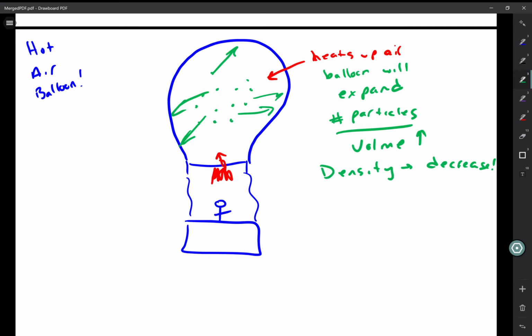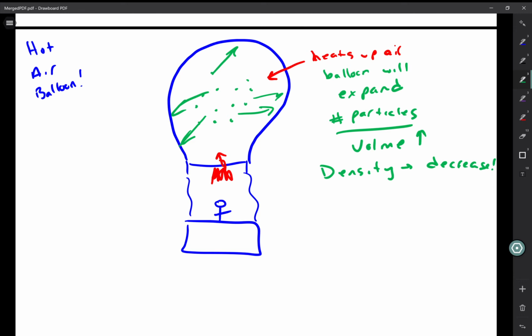Air can have different densities, even just your regular air. Hotter air should have a lower density because those hotter air molecules are spreading out more in that same volume. They get farther and farther apart. That decreases the density. And since less dense objects float, just like in water, same thing in the atmosphere. Less dense air is going to rise. So that's why we say hot air rises.